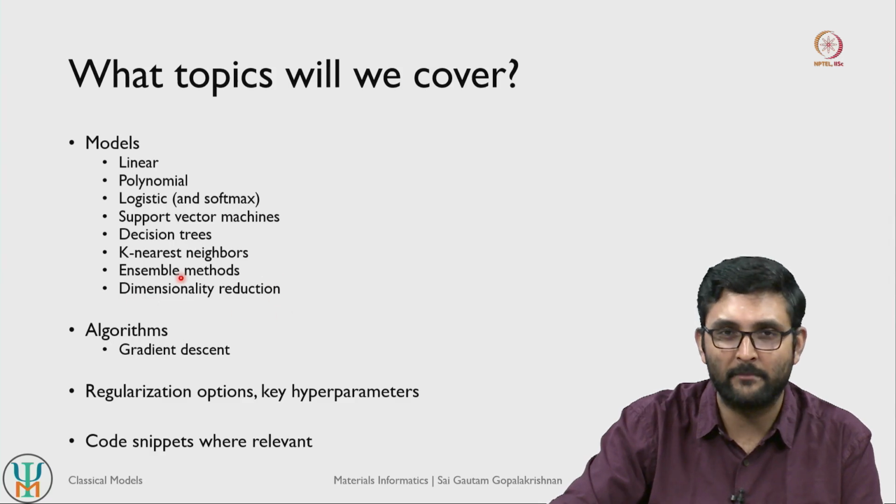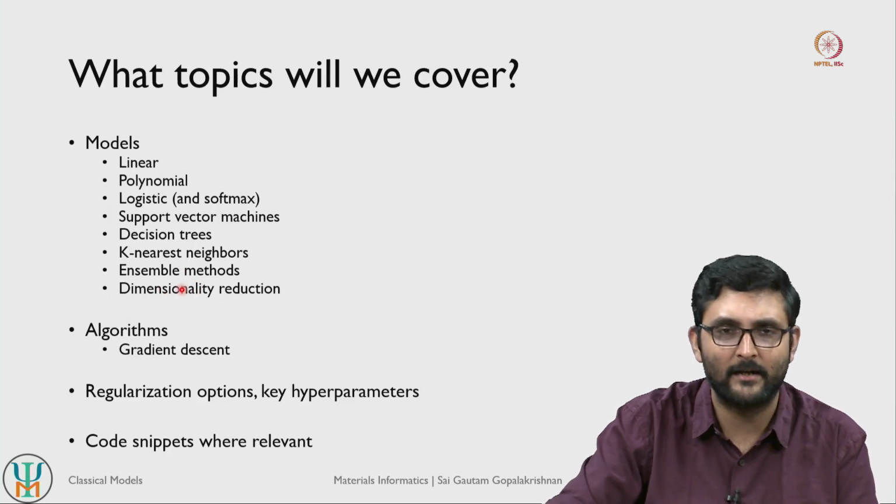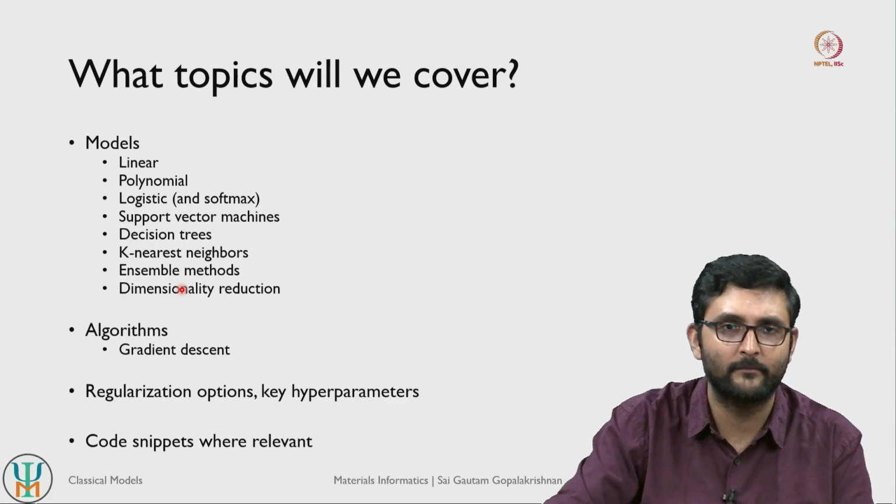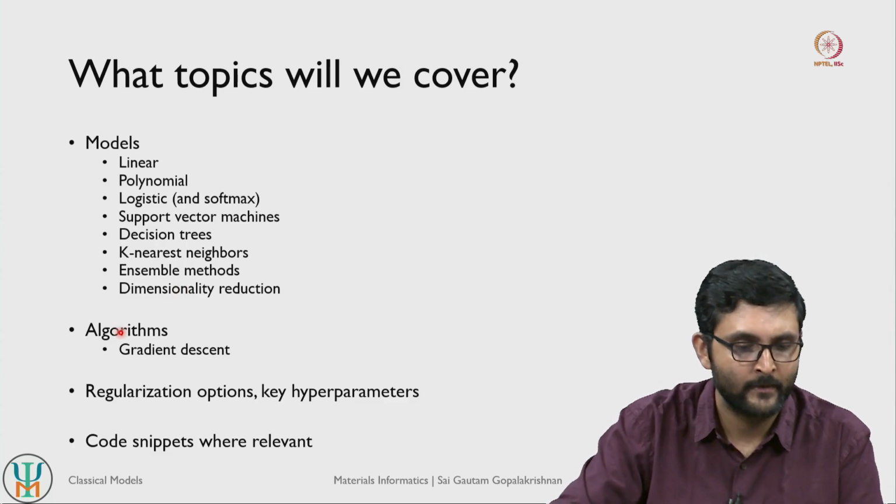We will also look at some dimensionality reduction algorithms. These dimensionality reduction algorithms form the rough base for unsupervised learning as well. All of these models are supervised learning models. With dimensionality reduction we will look at simpler algorithms which will form the base for understanding how unsupervised learning generally works.